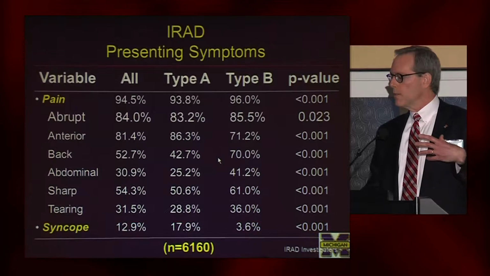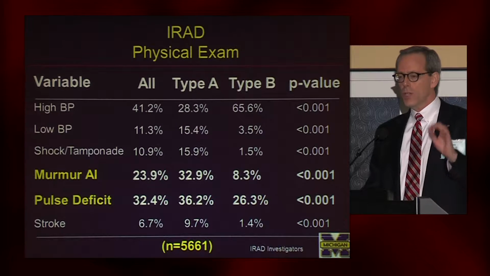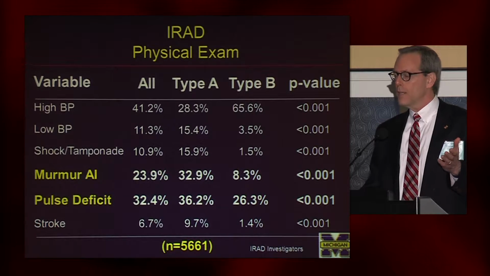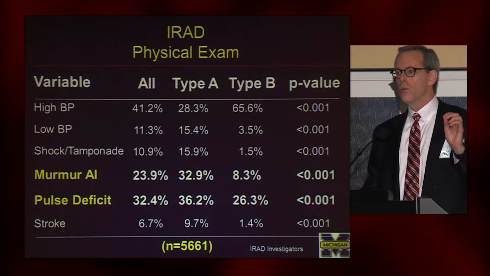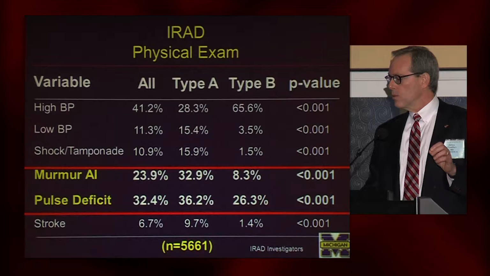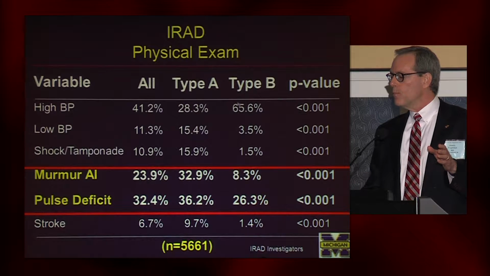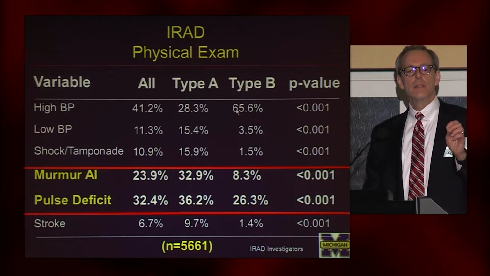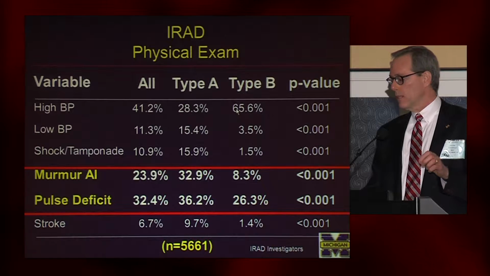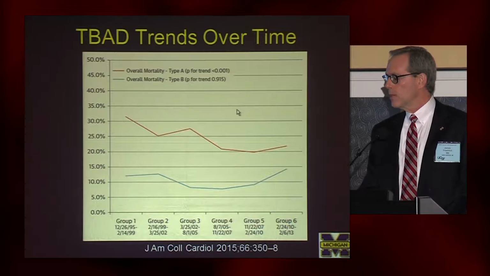In terms of physical exam findings, again, the type A's are much more likely to have things that pertain to tamponade, aortic insufficiency, or shock. So they're much more likely to present with an AI murmur, with a pulse deficit. And as I said before, the type Bs are much more likely to present hypertensive, in fact, dramatically so. And again, we're going to come back to this because it's interesting epidemiologically.